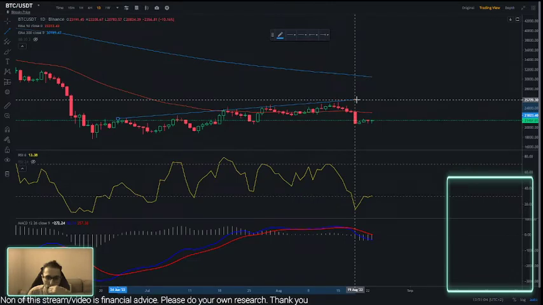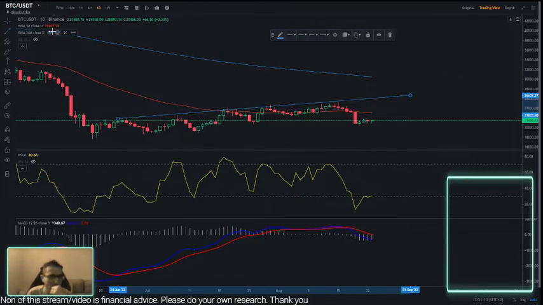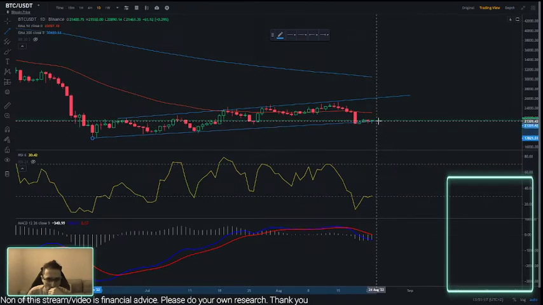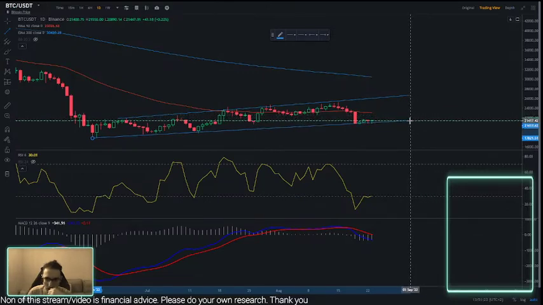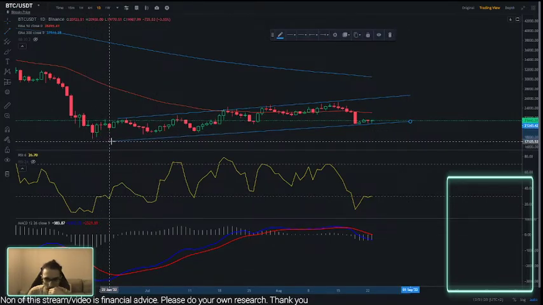Let's see if we can find something here. That's interesting. At least that's a top. And let's see down there if we are trying to match everyone. So we are still on a kind of, once again, keyword is kind of, ascending channel.